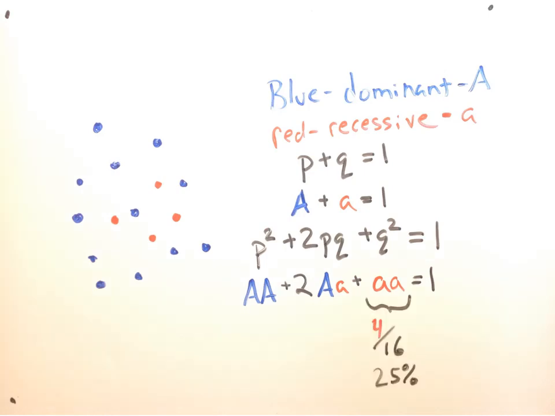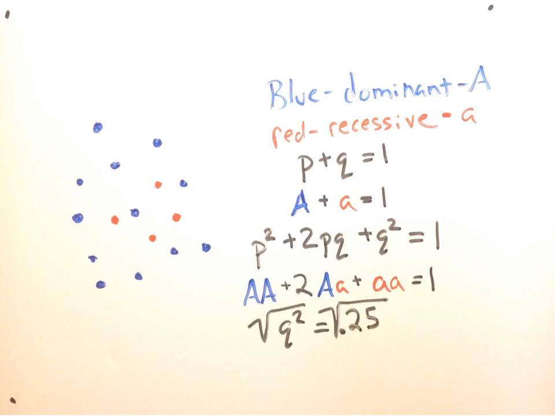Since we know how many animals have the recessive phenotype, we also know what percent of the population has the homozygous recessive genotype. It's 4 out of 16, or 25% of the population. That means that Q squared equals 0.25, or 25%, and we can use that to solve for the other variables in this equation to figure out what percent of the population is homozygous dominant versus heterozygous.